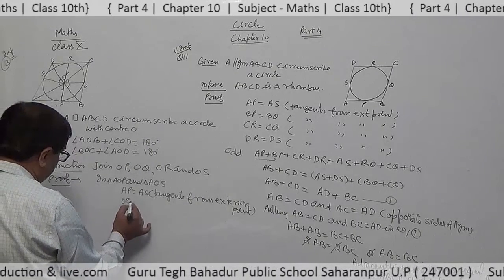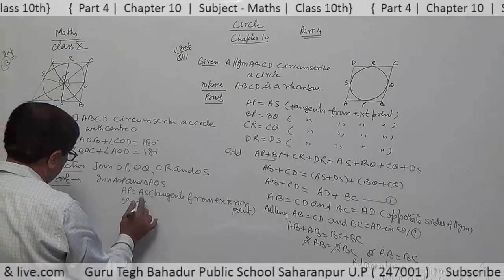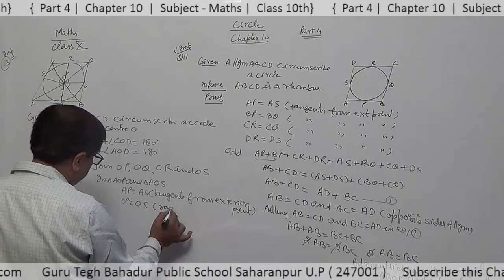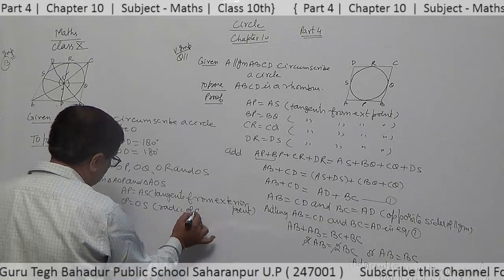OP is equal to OS, that is radii of a circle.